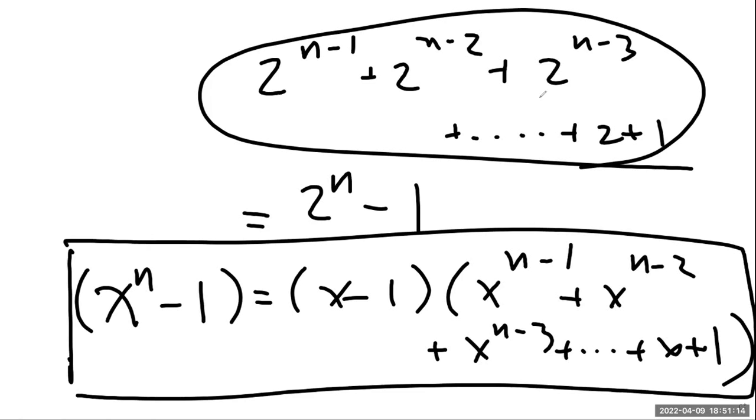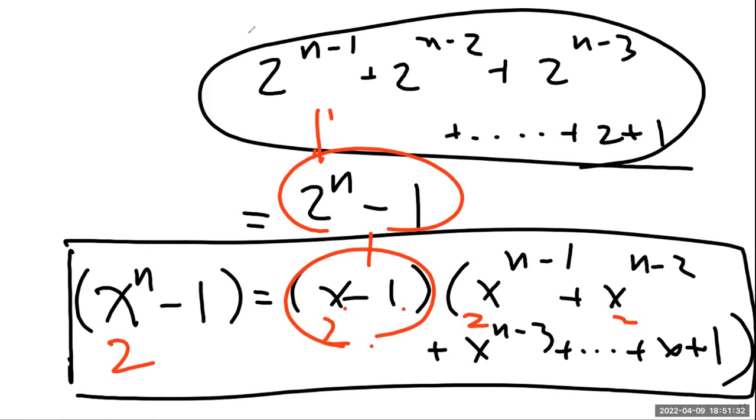Yeah, and then you put the 2 to X, right? So 2 minus 1 becomes 1. This whole thing becomes 1. So you get this equation here equal to this one. Is that okay?